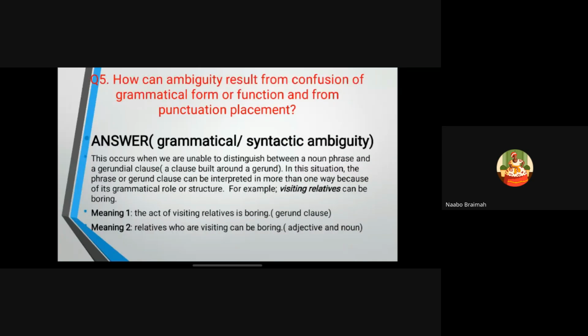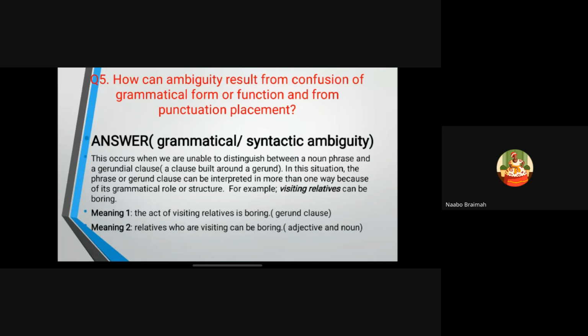Let's move to the next slide. How can ambiguity result from confusion of grammatical form or function and from punctuation placement?